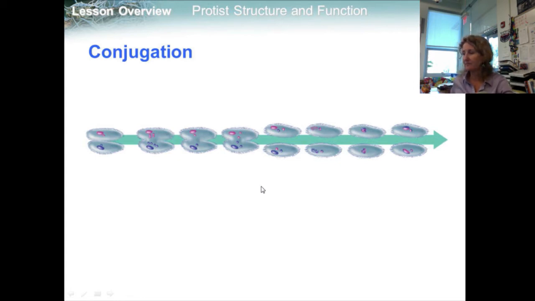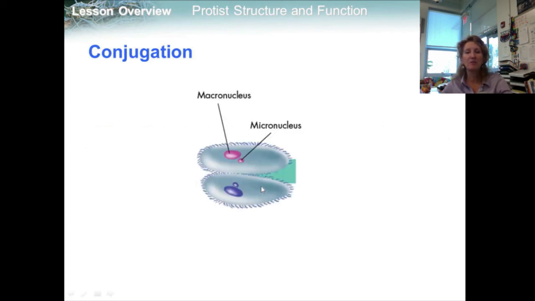Paramecium has 2 types of nuclei, a macronucleus and 1 or more smaller micronuclei. The micronucleus holds a reserve copy of every gene in the cell, sort of like the plasmid in bacteria. A macronucleus has multiple copies of the genes the cell uses in its day-to-day activities.